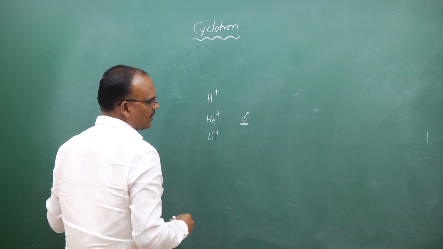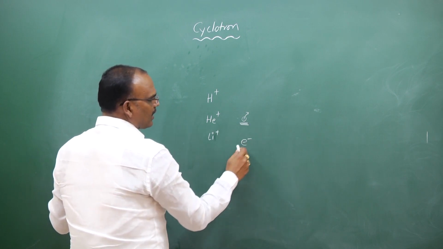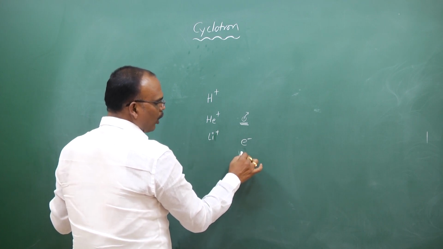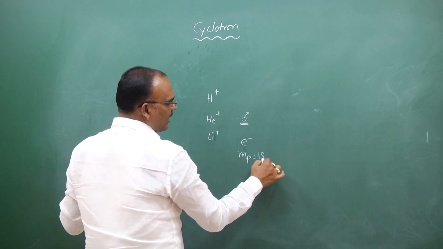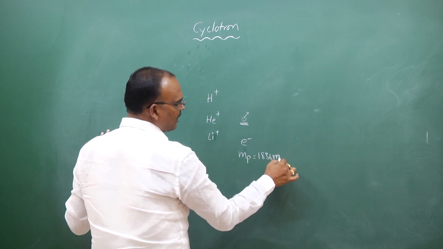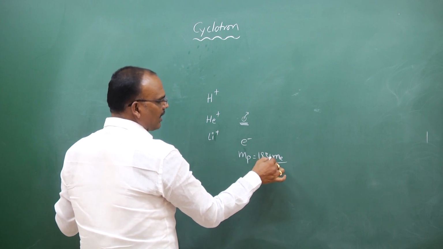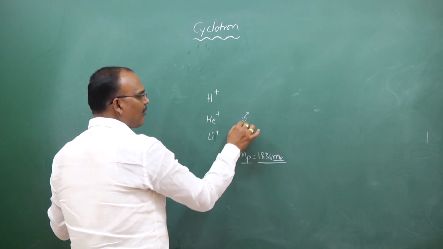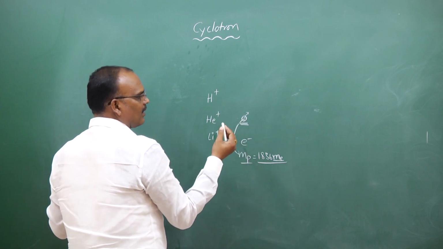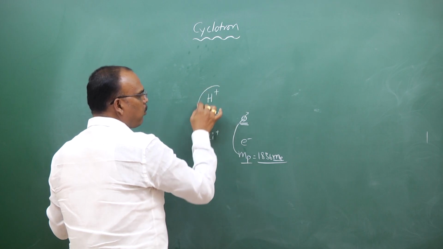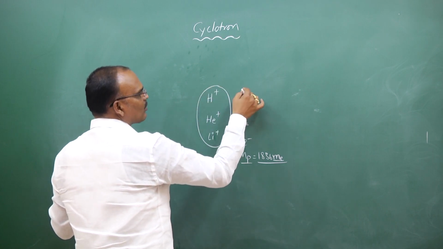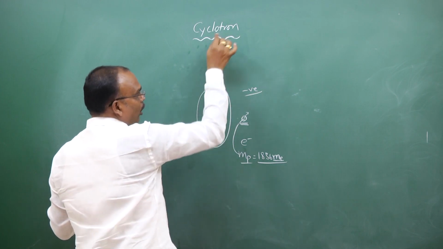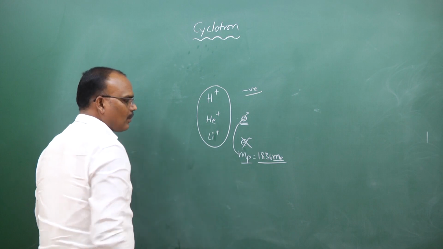Whereas an electron is very tiny and its mass is very small. The mass of one proton is 1836 times the mass of an electron. So ions have a nucleus and considerable mass, so for both positive and negative ions we will use this cyclotron, not for electrons.